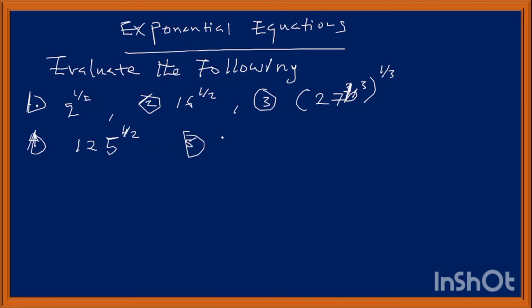Number 5, they are just short solutions: the square root of a multiplied by a. Number 6, 1000 divided by 8, all to the power of 1 over 3.